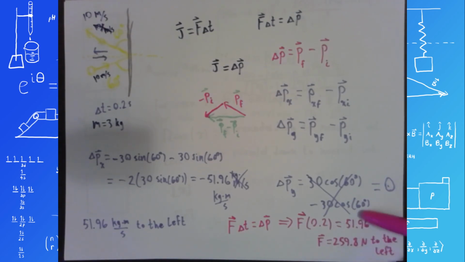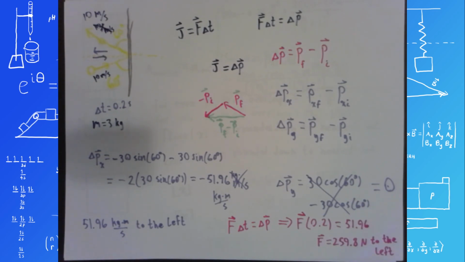So yeah, if you decided to keep the negative here, you would have gotten negative 259.8, which would mean the same thing. It's all just a matter of personal preference and how you choose to define your coordinates and whatnot. But my preference is to use positives and negatives temporarily as intermediate steps when trying to calculate things, especially when you can't predict with high confidence what direction a vector will take at the end.